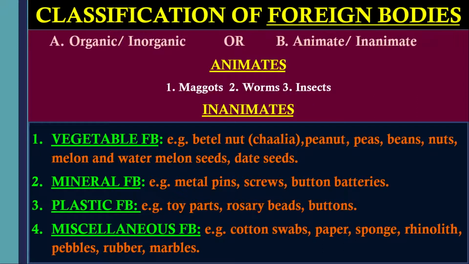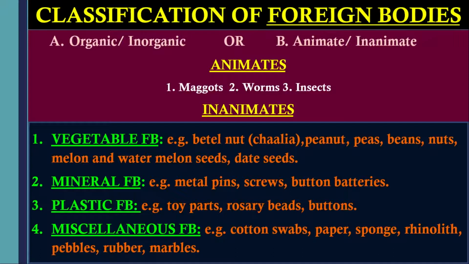If we classify the foreign bodies by animate and inanimate, animate are those foreign bodies which can move on their own, whereas inanimate foreign bodies cannot move on their own.